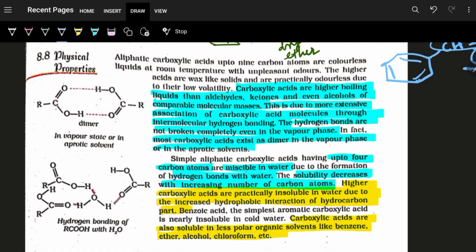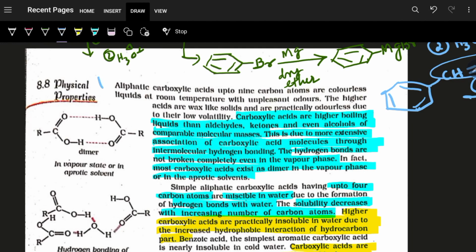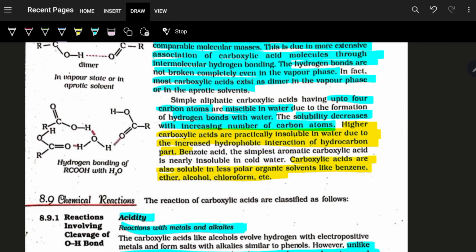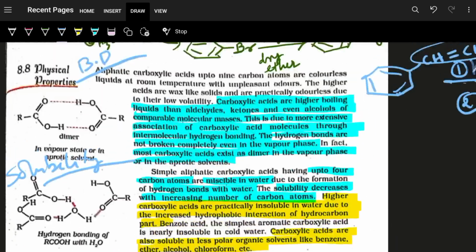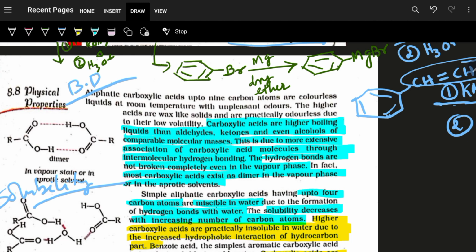Now, moving on to physical properties, we have 2 things to discuss. One is boiling point and the other is solubility. Boiling point: carboxylic acids have higher boiling points than aldehydes, ketones and even some alcohols. Why? Because they can form associated molecules on account of intermolecular hydrogen bonding, forming a dimer. That means one unit bonds to another, not within the same structure but from one molecule to another.